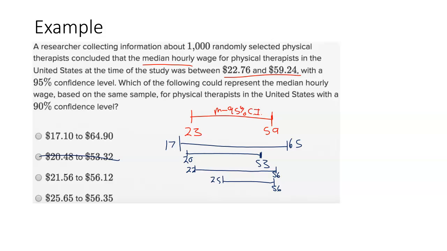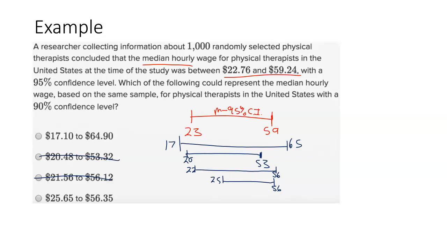It didn't widen or narrow it. It moved it. The same thing with the third one. Both of those values are less than the initial minimum and maximum. That just shifted it to the left. So that's not a change in our confidence interval.